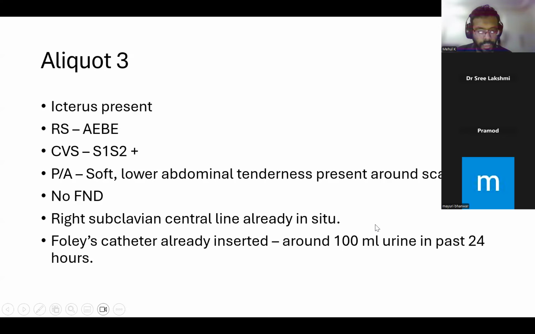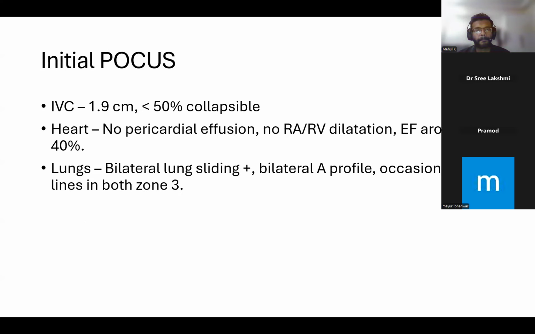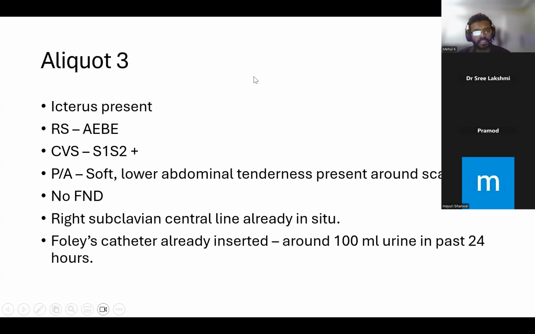We don't know exactly which day it was inserted. On examination, we just note that a central line has been inserted. You have no idea how many days it has been since it was inserted. So do you continue using this central line, or do you change it out for something else?